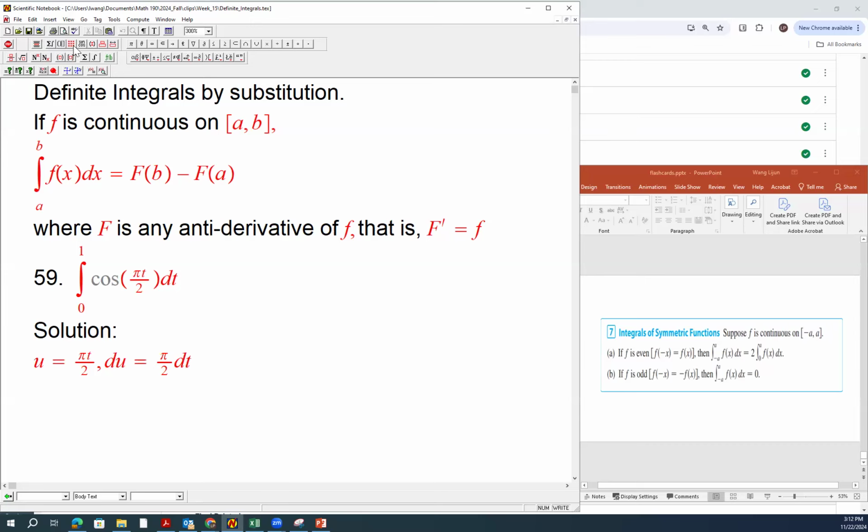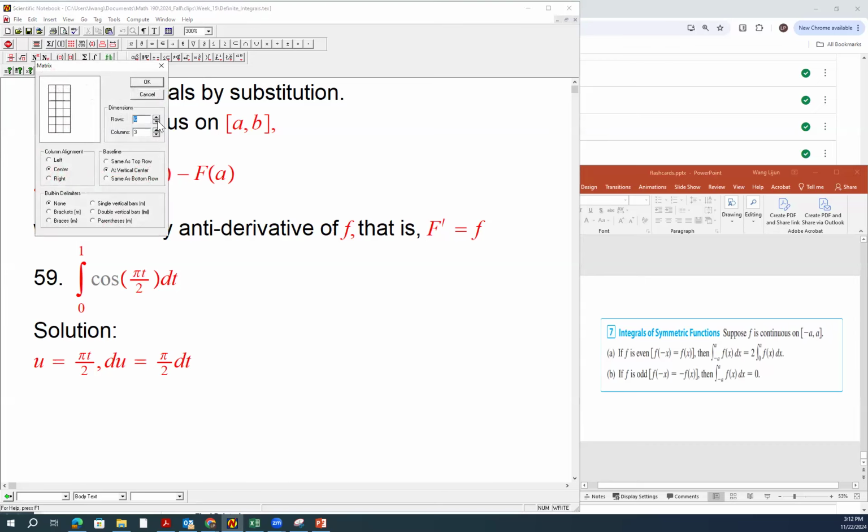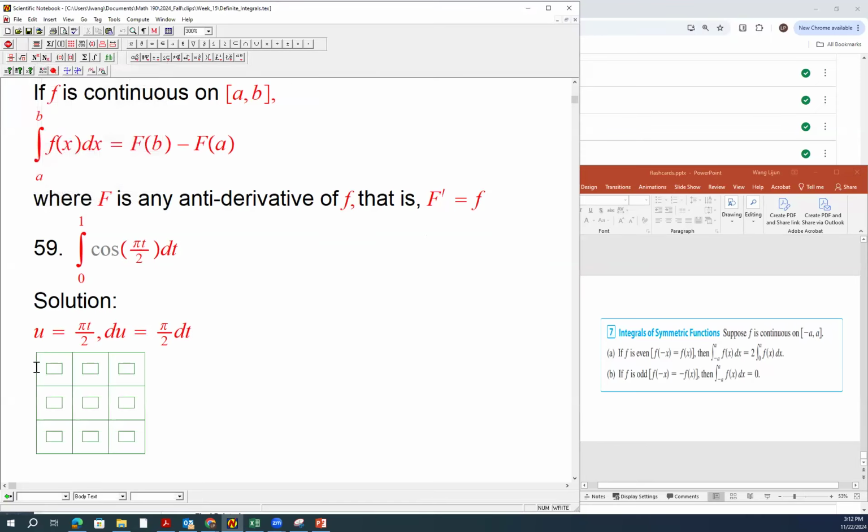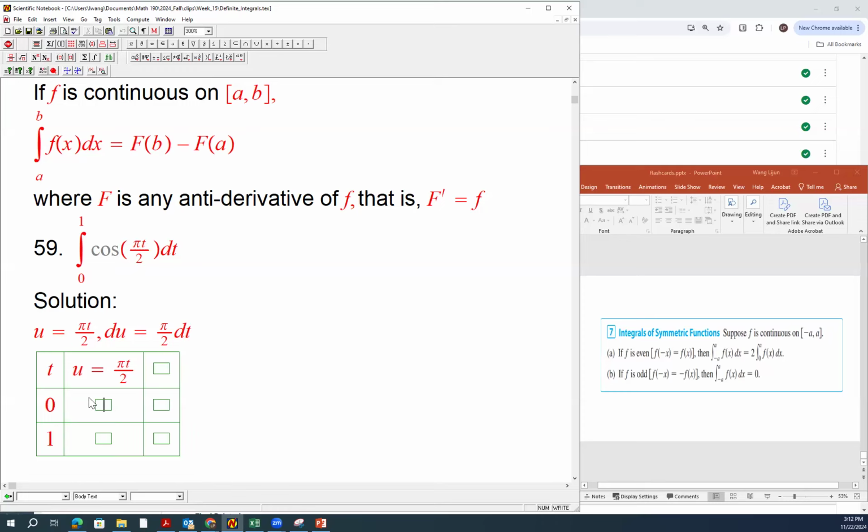Okay, so I'm going to make a table. Let's see. That should be enough. Okay, so there's a t and there's a u, and u equals pi over 2 times t. Okay, so t runs from 0 to 1, and u accordingly will get values.